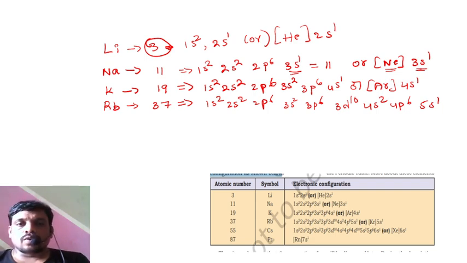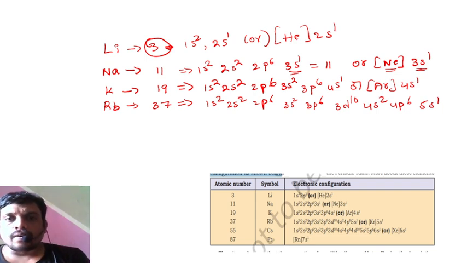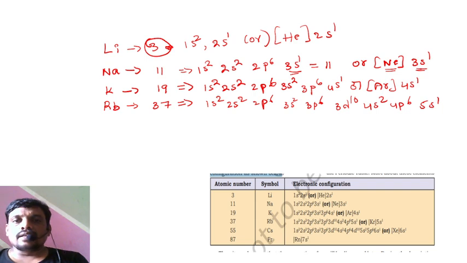In 1s 2 electrons are there, in 2s orbital 2 electrons, in 2p orbital 6 electrons are there, in 3s orbital 2 electrons are present, in 3p orbital 6 electrons are there. 4 plus 6 is 10, 10 plus 2 is 12, 18, 18 plus 10 is 28, 30, 36 and 37.